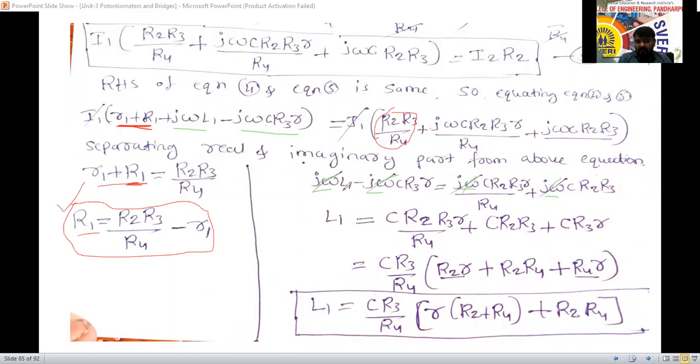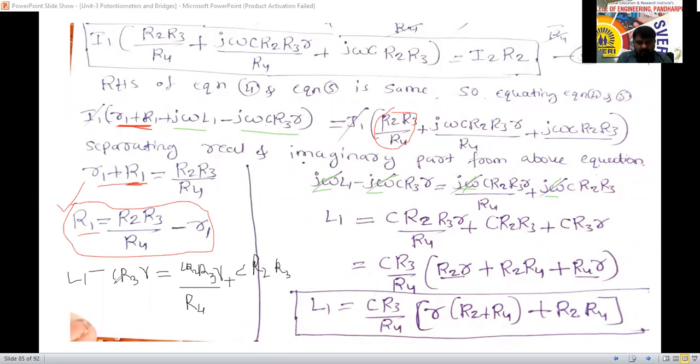What is the term left here now? L1 minus C R3 into R equal to C R2 R3 into R divided by R4 plus C R2 R3.